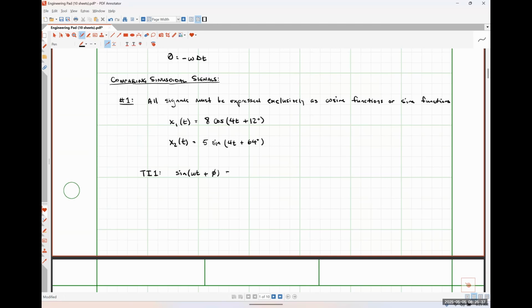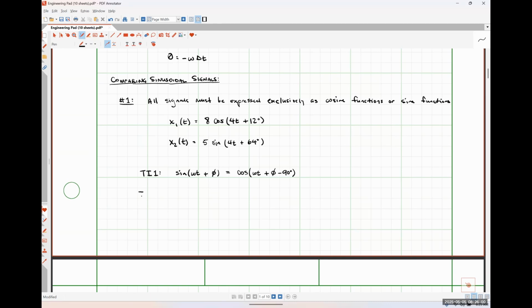That is the same thing as cosine of omega t plus some phase angle phi minus 90 degrees. Or in a more succinct form, to go from sine to cosine, we subtract 90 degrees from our phase angle.